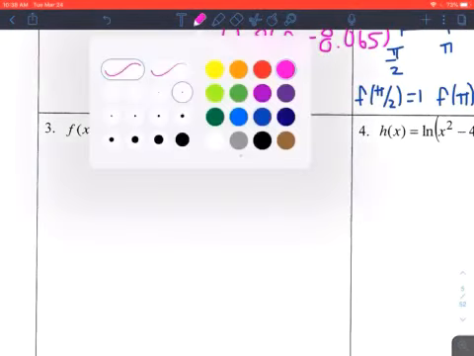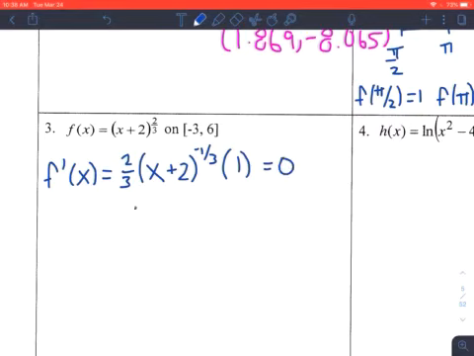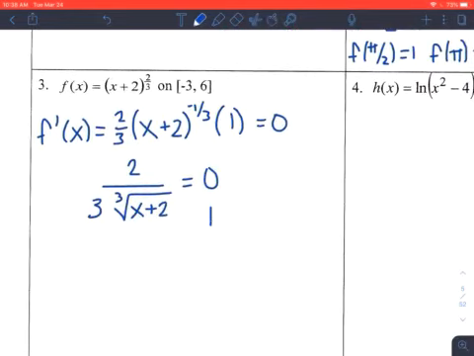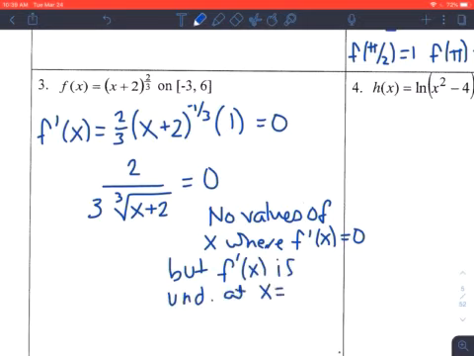All right, so just real quick through these last two. This one, we're going to take the derivative. Again, we have chain rule. We're going to bring down our 2/3. We're going to subtract 1, and we're going to get negative 1/3. And we're going to take the derivative of the inside, which is 1. So when I take the derivative, I'm going to get 2 over the cube root of x plus 2 equals 0. So there's no values of x where the derivative is equal to 0, but the derivative is undefined at x equals negative 2.